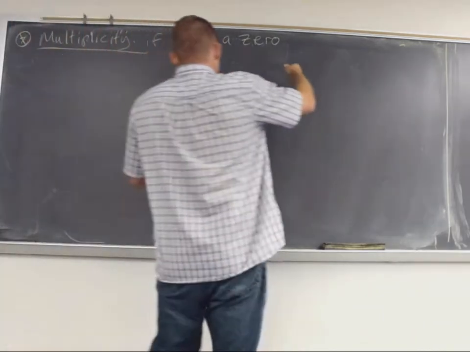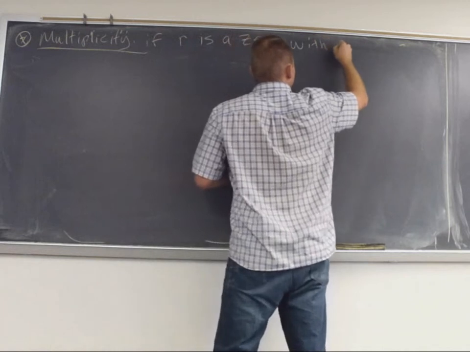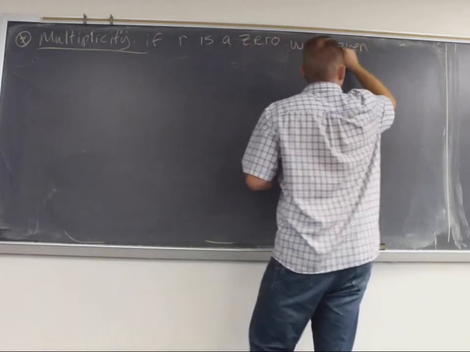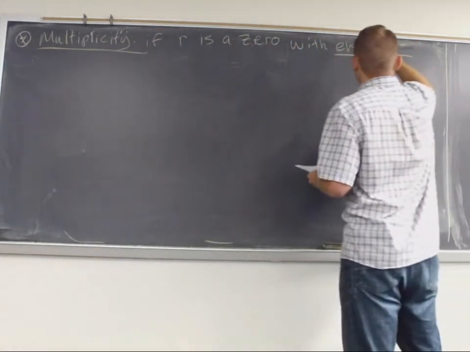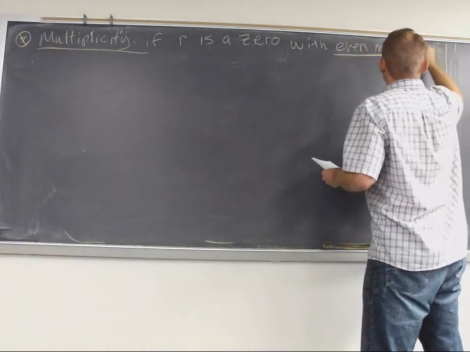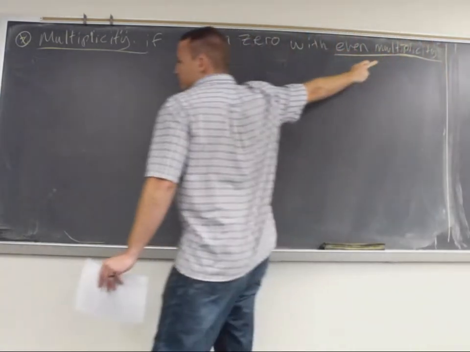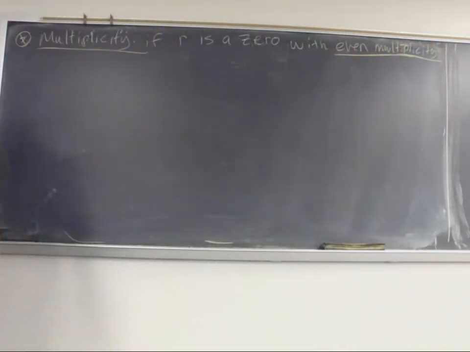So if R is a 0 with even multiplicity, I don't know if you can read it or not. Hopefully I didn't scrunch it too bad.